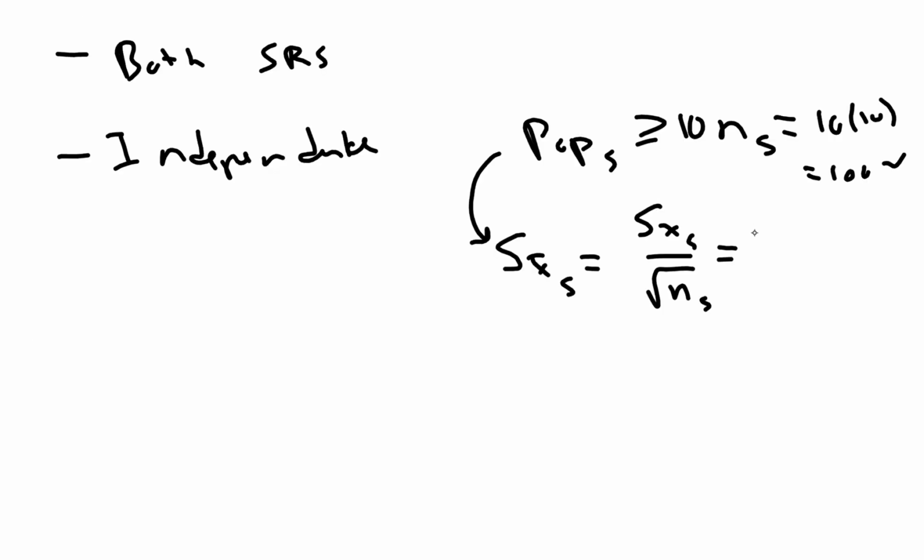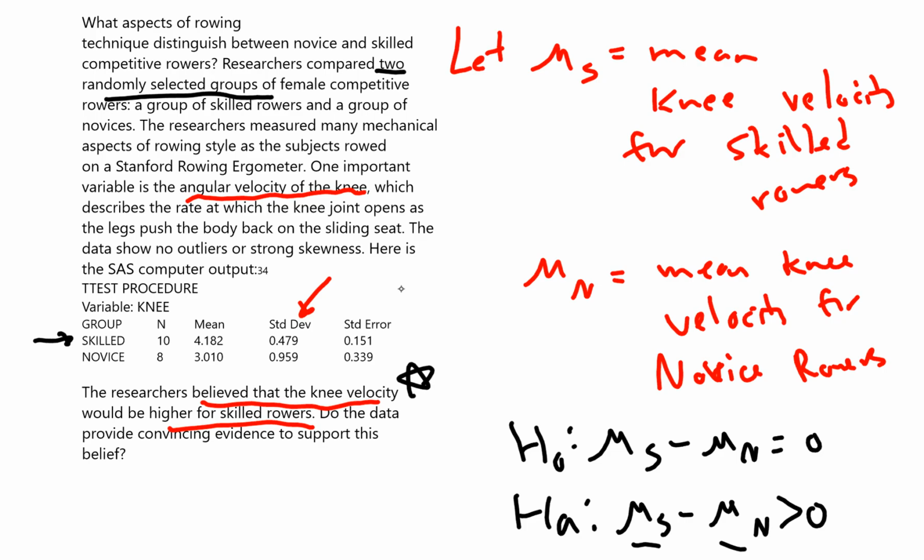So I'm going to put that in here, 0.479. And we're going to divide by the square root of the sample size, which we said was 10. Now, if you do this in the calculator, here's what you get. You end up getting about 0.151.